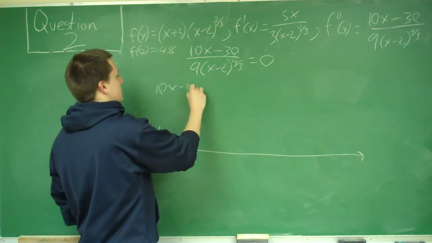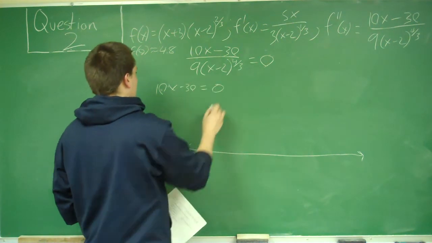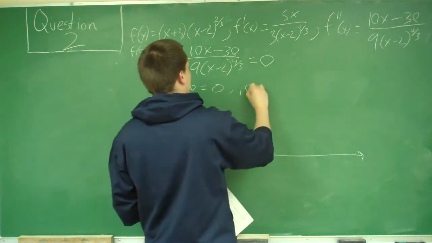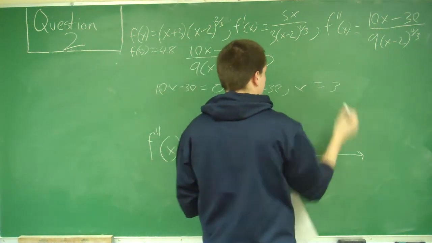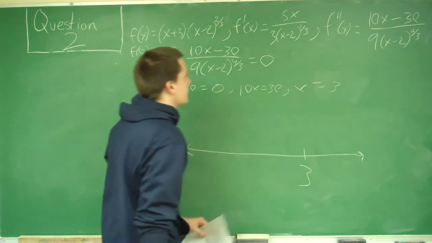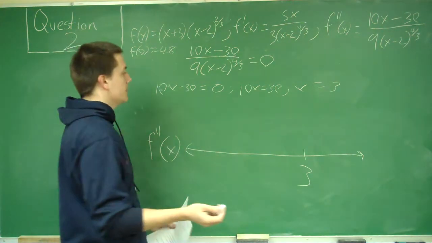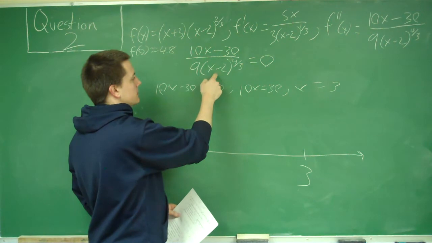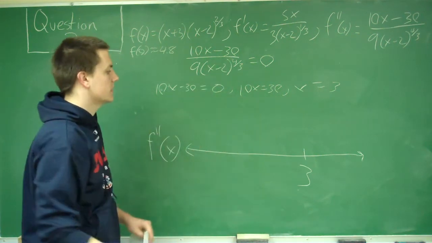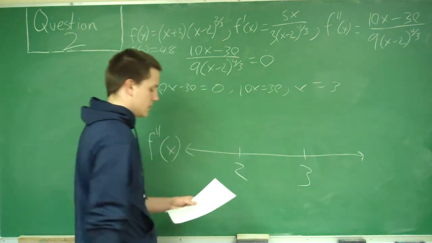So 10x minus 30 equals 0. 10x equals 30. x equals 3. So we have 3 on our graph. And now we look at the denominator. So 9 is never going to be 0, but this is going to be 0, so x minus 2. So once again, we're going to have 2 on our line.